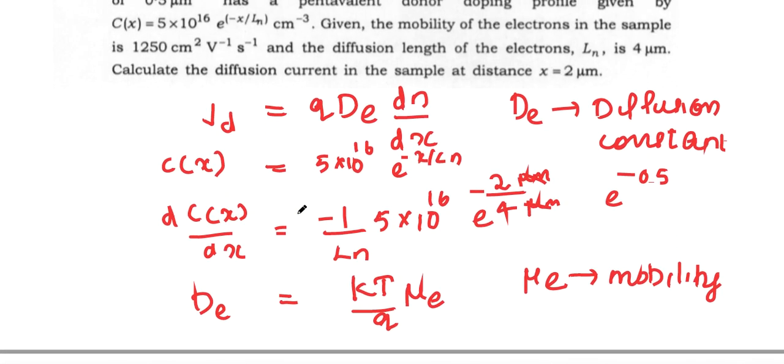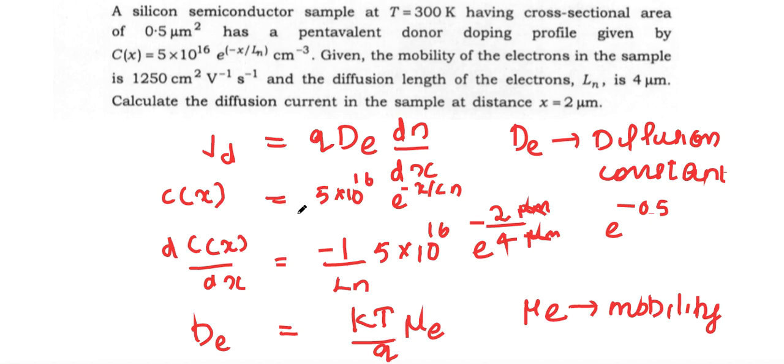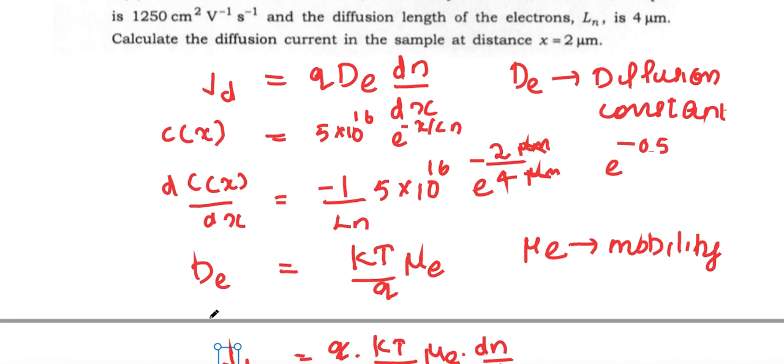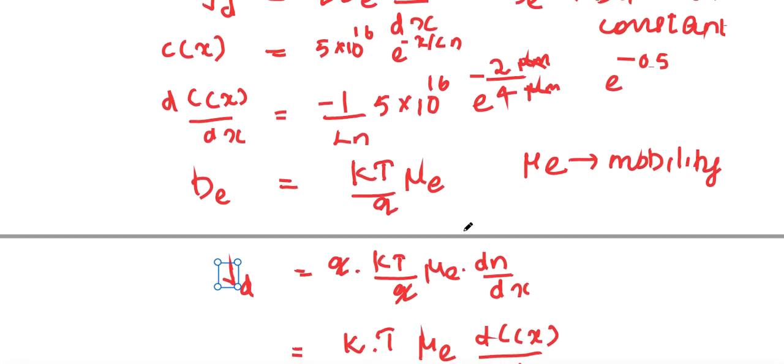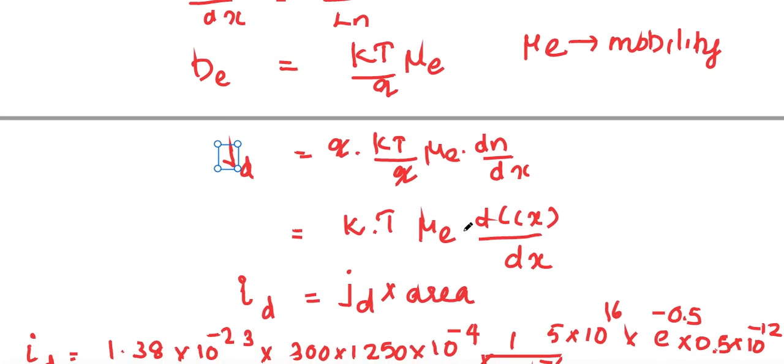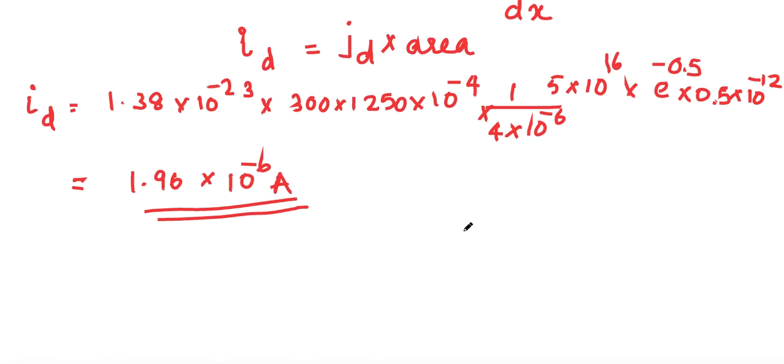The only thing you need to know is the current density, and once you know the current density and the profile, you have to take dN by dx and then substitute for the diffusion constant from Einstein's equation. When you substitute, the q will get cancelled and we will be left with a very simple equation, into which you substitute all the values and arrive at this.